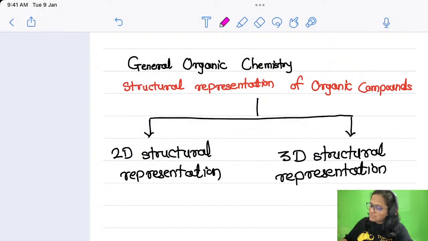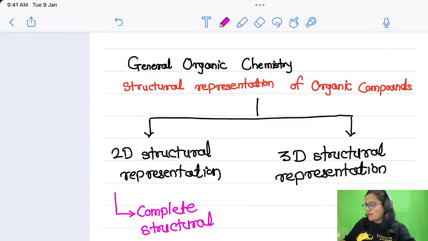Now in two-dimensional structural representation, again there are three ways. First is the complete structural representation or complete structural formula.